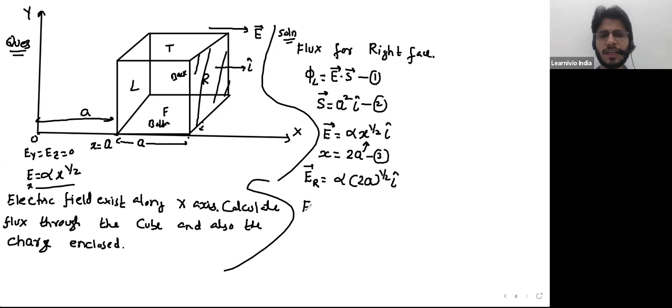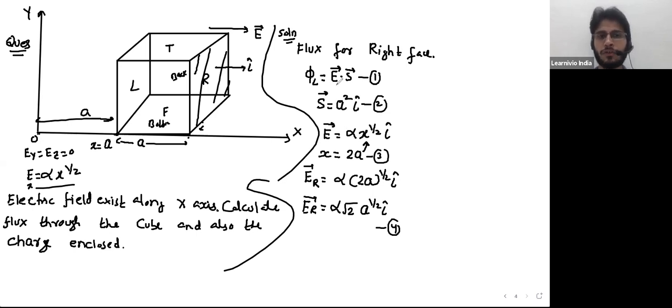Power half means root, so it's alpha root 2 into a to the power half I cap. That is equation number 4.